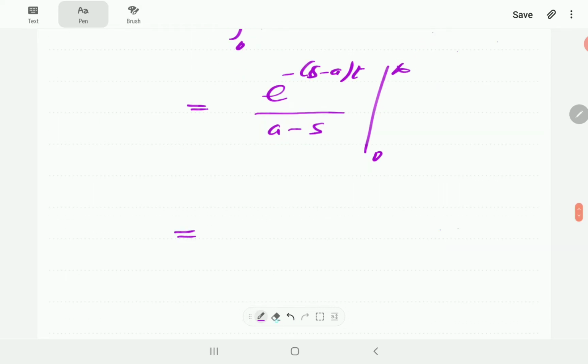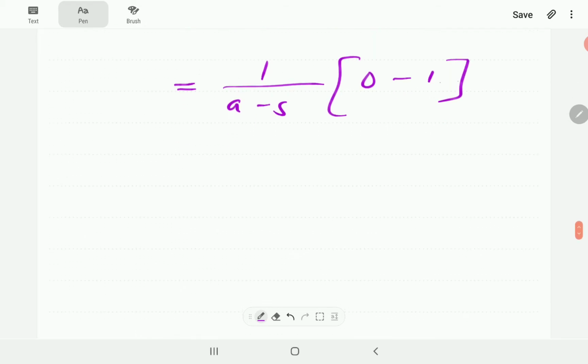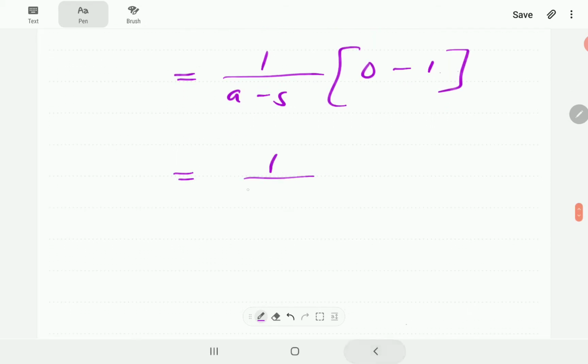So again, if we let t go to infinity, this whole term is going to go to 0. So for the top limit, as t goes to infinity, this is going to go to 0, and then at t equals 0, of course, that is going to be minus 1. So that means the Laplace transform is going to be 1 over s minus a. So that is the Laplace transform of e to the at.